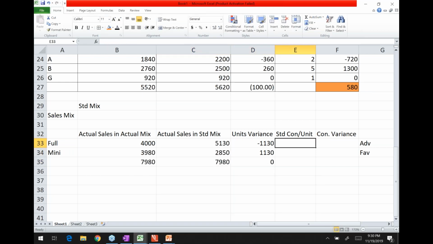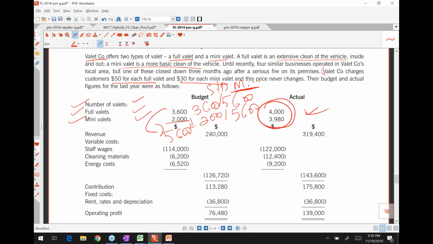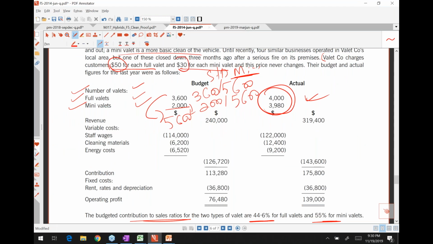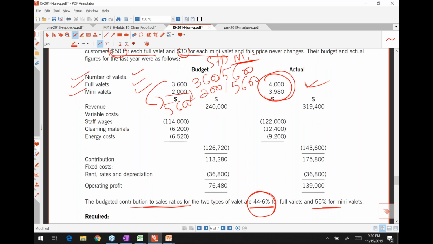Then standard contribution. In the question, we do have information for that. We have a selling price of 50 for full, 30 for mini, and the CS ratio is given. This is the contribution to sales ratio.